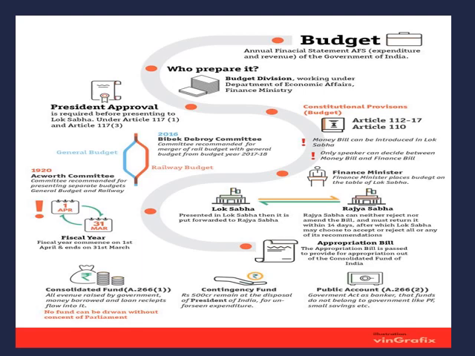And for this budget, the final approval is given under Article 117, Section 1 and Section 3. According to that, it is presented to the President before it is presented to the Lok Sabha. Thereafter, it moves to Article 200.